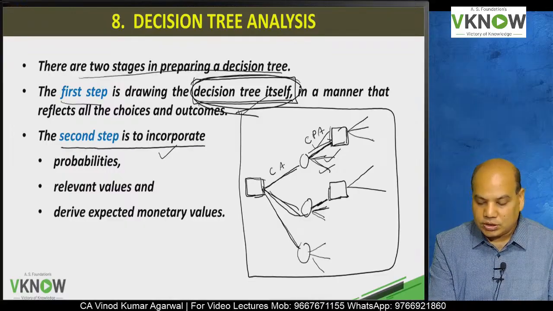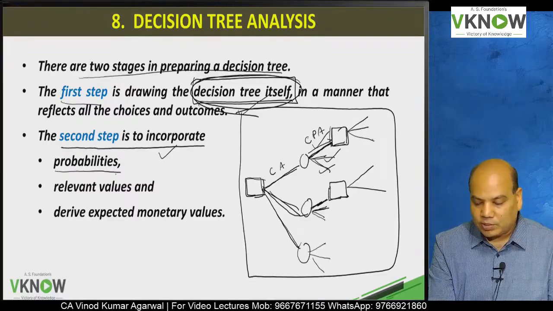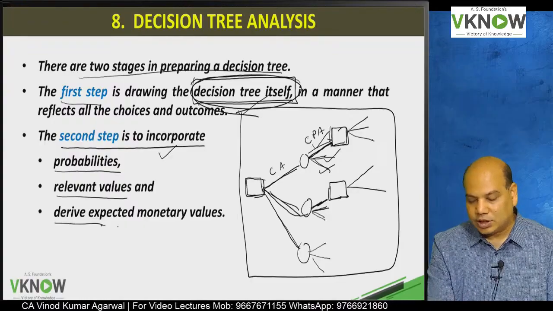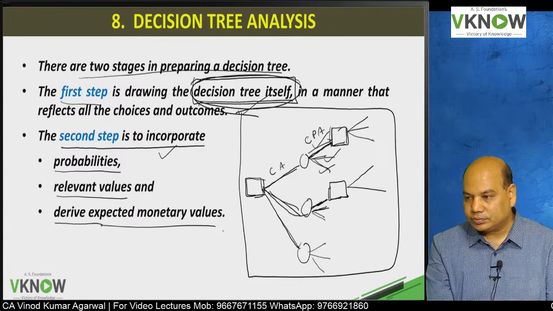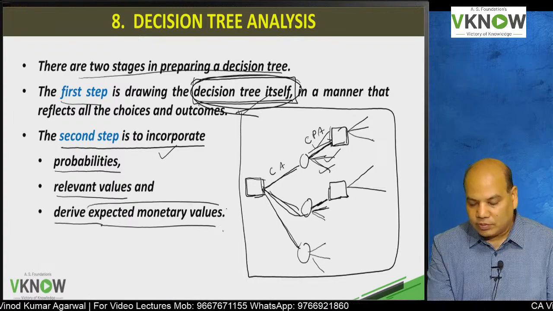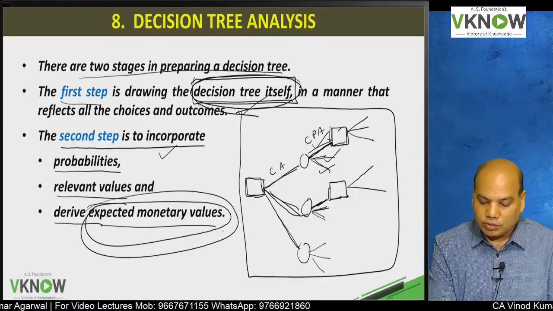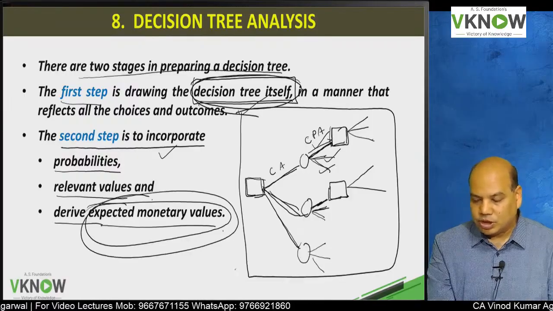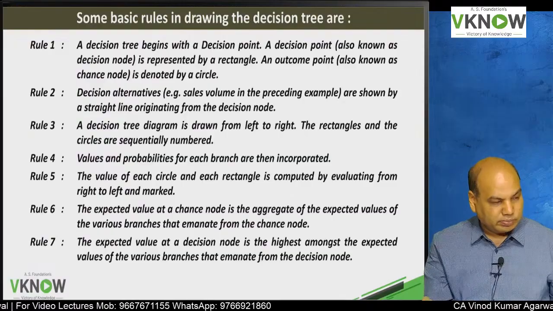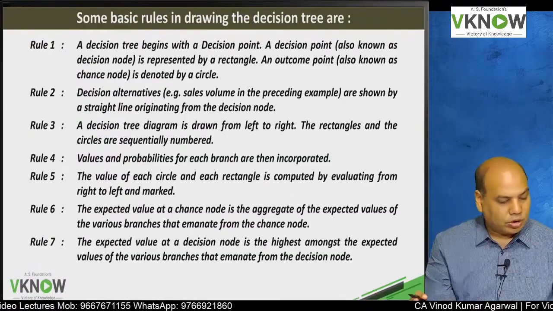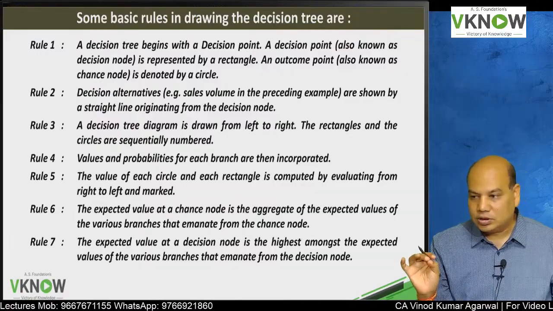Step number 2 is to incorporate probabilities, relevant values, and then derive expected monetary value. If you remember, we have derived monetary value of doing CA course, monetary value of doing MBA course, and accordingly we took the decision. To keep your life easy, I have put this whole discussion into 7 steps.